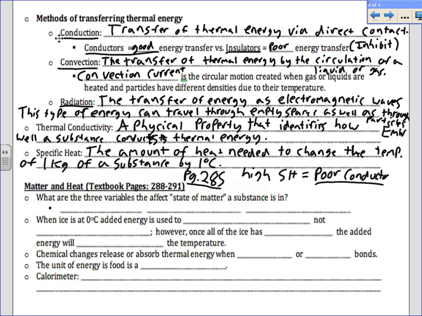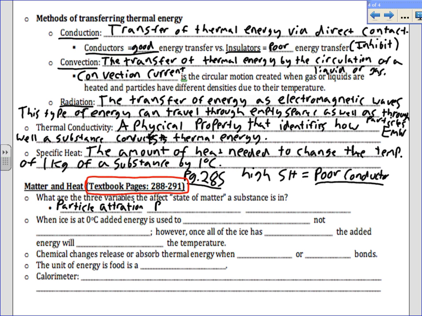Now we're going to be talking about matter and heat. And matter and heat can be found on textbook pages 288 and 291. All right? Now, what are 3 variables that affect the state of matter a substance is in? Okay? One variable is particle attraction, how attracted the particles that make up everything are.